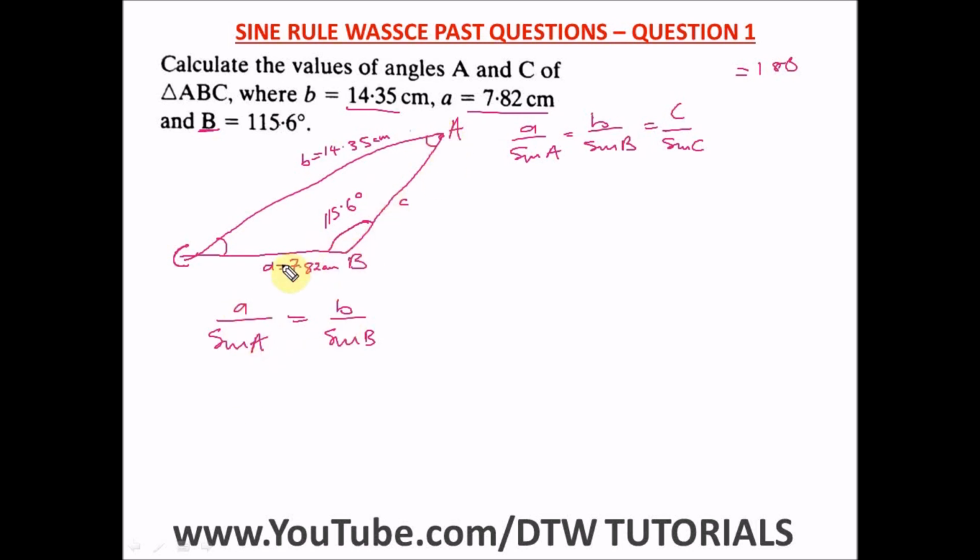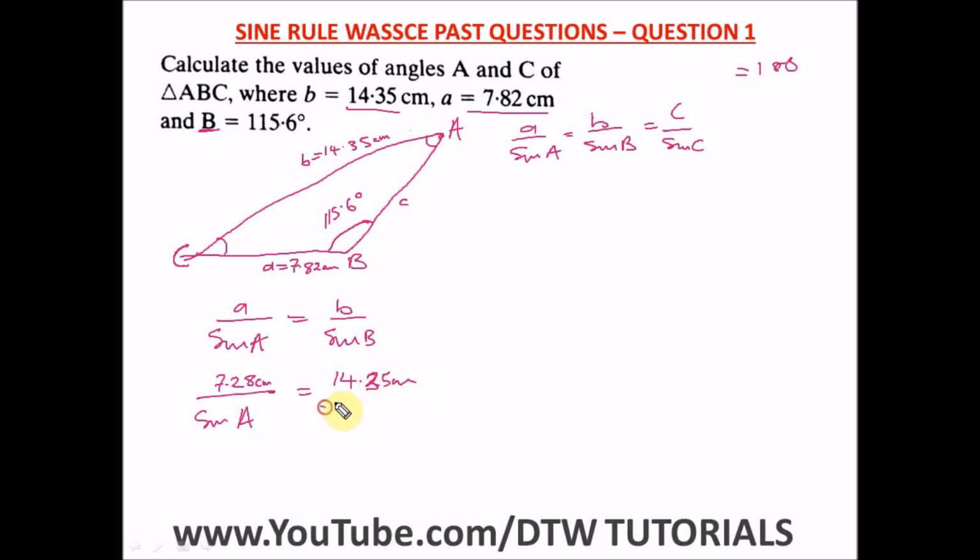What is our a here? We have our a here as 7.82, divided by, in your WAEC, just put your centimeter, if it's a theory question. And we're looking for sine A. That's what we're looking for, because that is what we're asked to calculate, the angles A and also C. So here, what is our b? The side b is what?